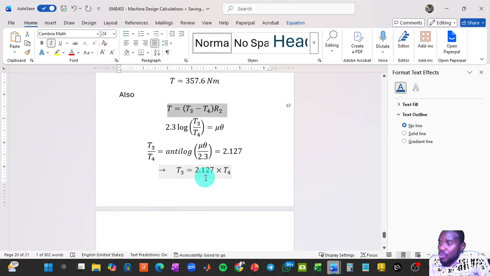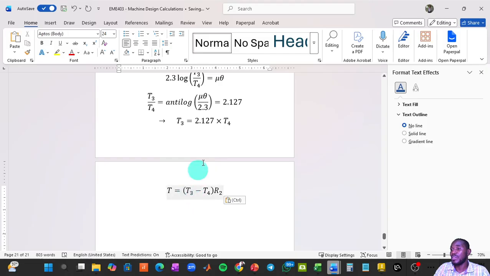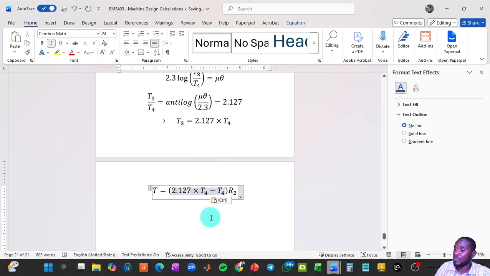All right. So wherever I see T3, I'm going to put this value here. So if I pick this now and I bring him down here, remember, wherever I see T3, this is the guy that is going in there. Copy this and put him there. That's T3. Okay.